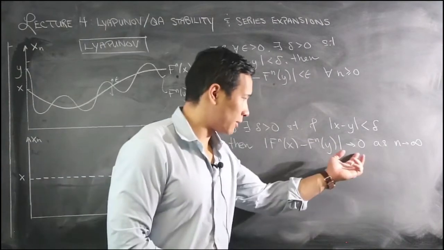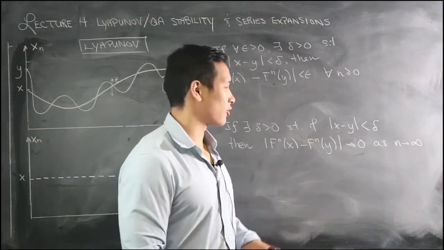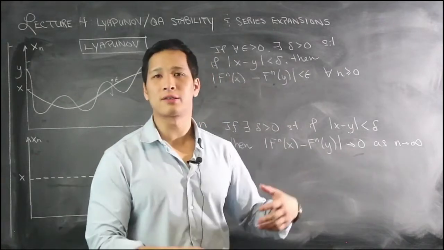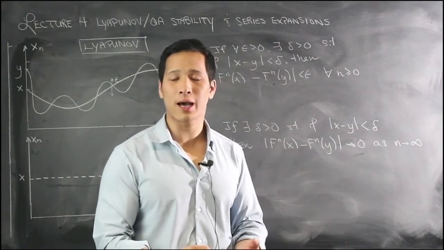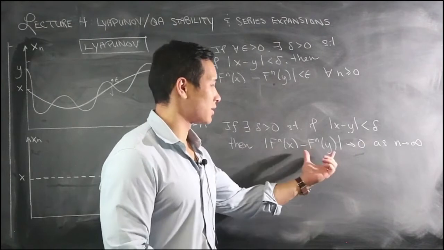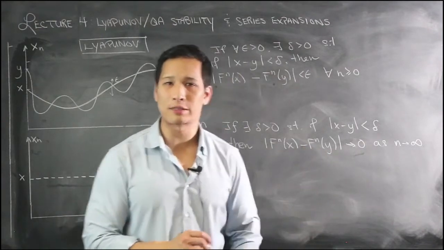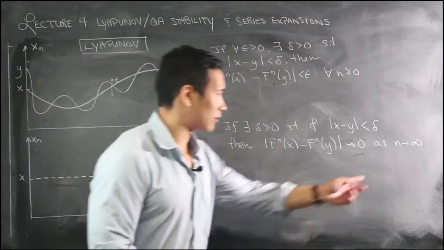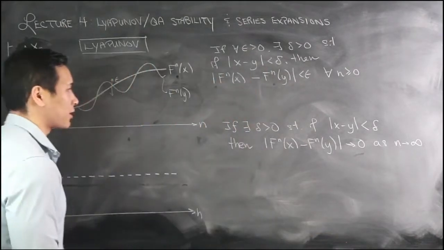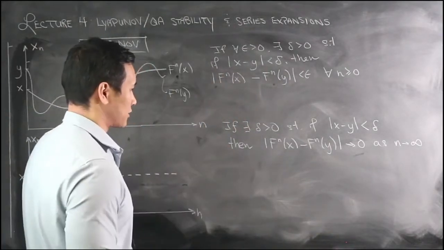You can alternatively repose this, as you have in some of your analysis courses, to say that there exists a sufficiently large capital N greater than 0 such that this distance can always be made arbitrarily small for little n greater than that capital N. But for us, this definition is sufficient.